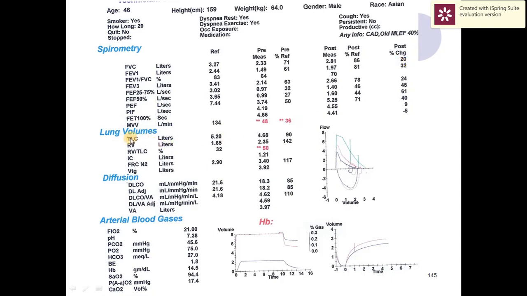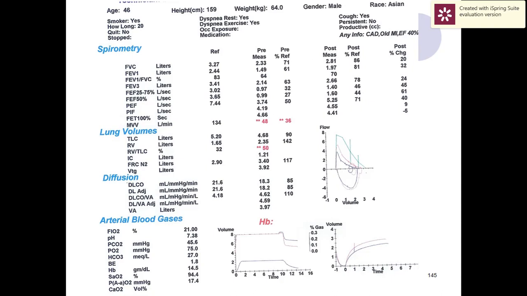We come to look at the lung volumes. Total lung capacity is 90% and residual volume is 142%. So here, total lung capacity is normal but residual volume is more than normal, so there is air trapping.